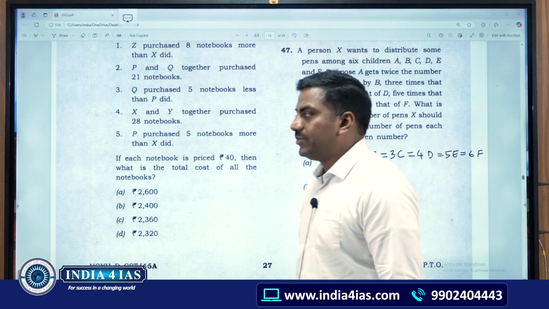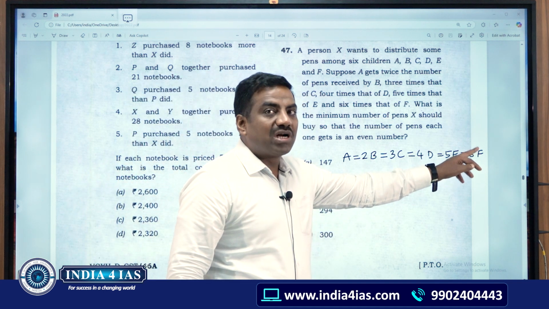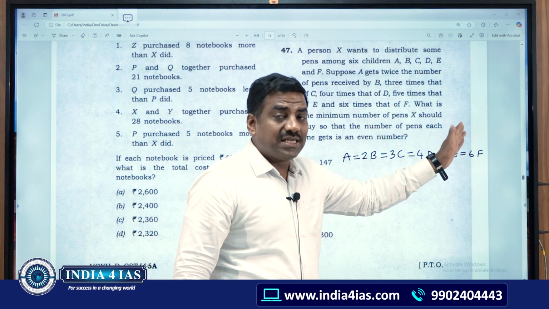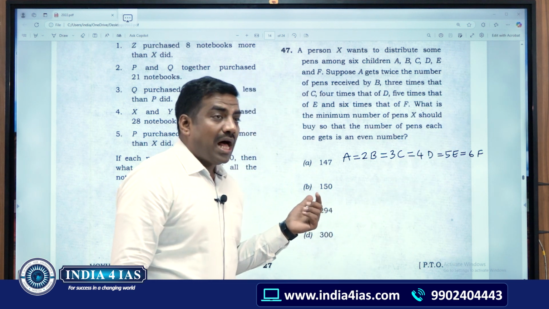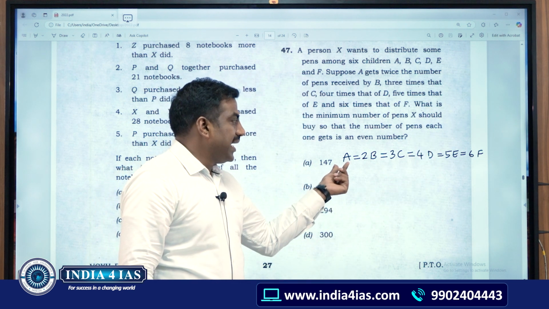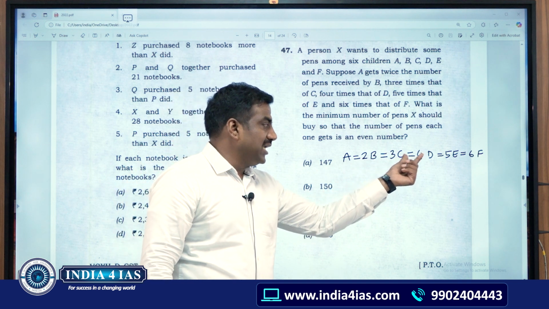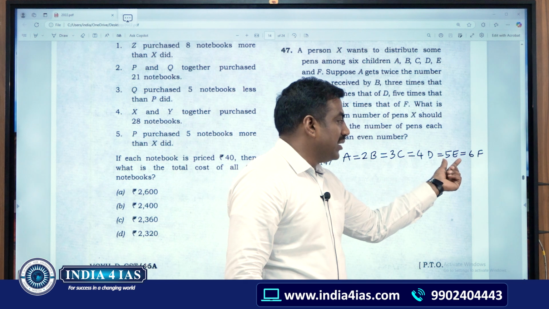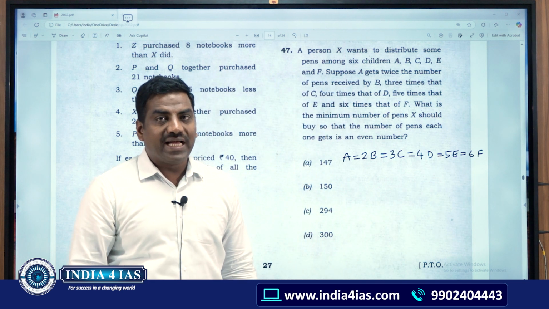So this is how it has been distributed. Here the highest number of pens got by A, because A is equal to double that of B, triple that of C, 4 times that of D, 5 times that of E, and 6 times that of F. So here F got the least, A got the highest.